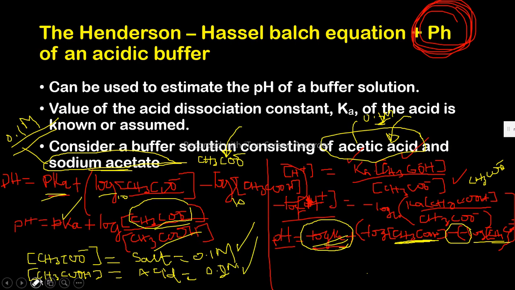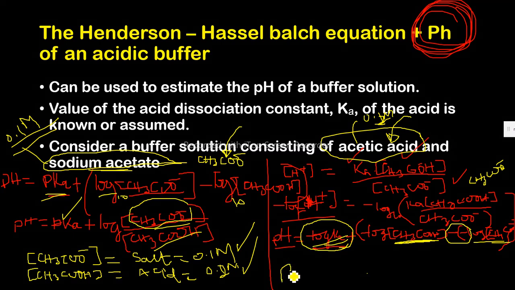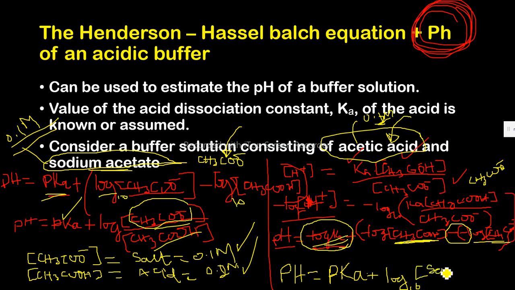So generally, the pH, or the Henderson-Hasselbalch equation, is simply pH equals pKa plus logarithm to base 10 of the concentration of the salt divided by the concentration of the undissociated acid.